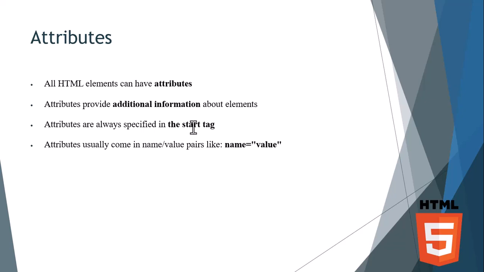So we have different types of attributes. We have the lang attribute, which declares the language of the document. Let's go back to our text editor.